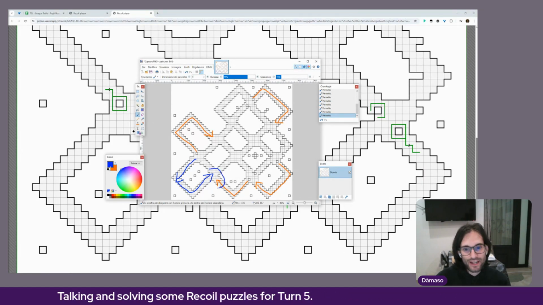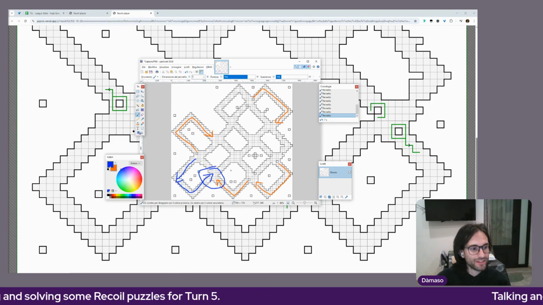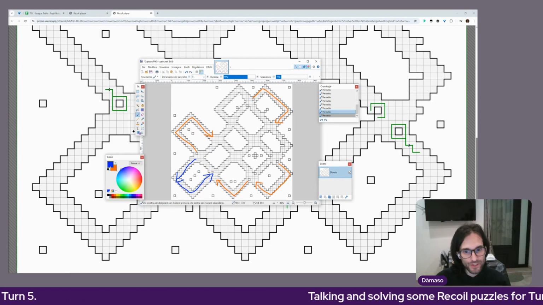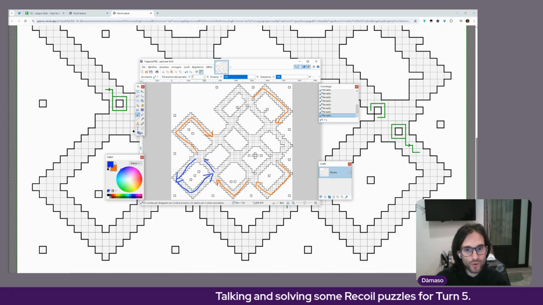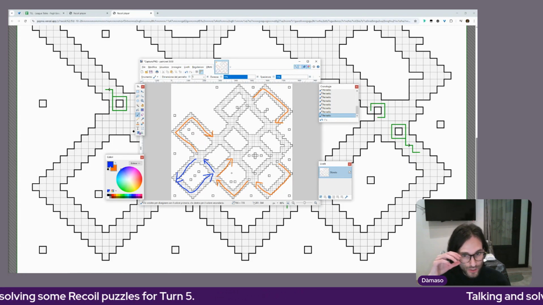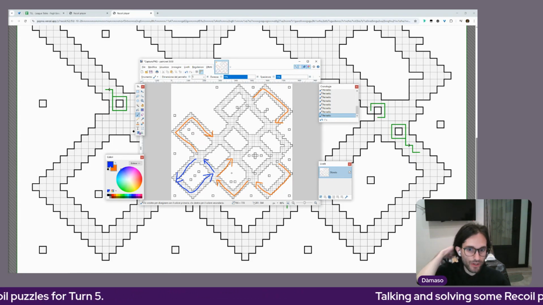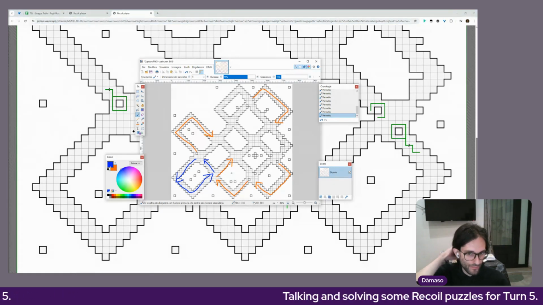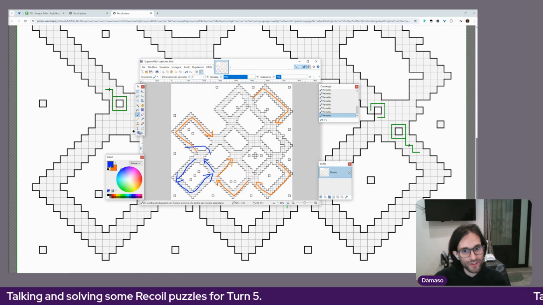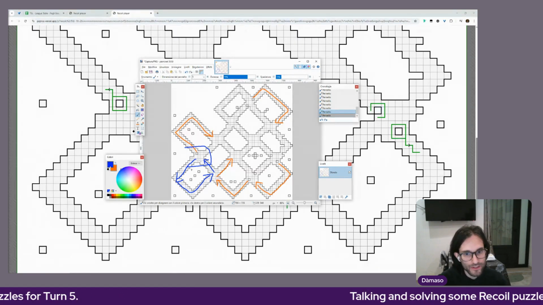The fact that I have two enterings here means that I must exit, and I can't cross. So this one must go this way now, and the other one must go this way now. I think this is just easy to see, right? But now, here, I have two exits already, and I have only one entering.